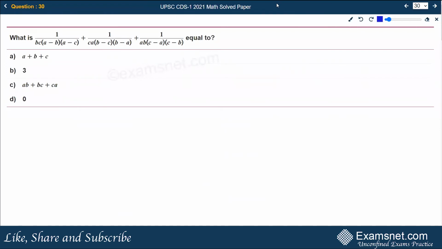In question number 30, we are given: what is the value of the given expression? First of all, as we can see here, a minus b, a minus c, b minus a. We can take them in order, like clockwise. That means a minus b, then b minus c, and then c minus a. We will continue with this order.